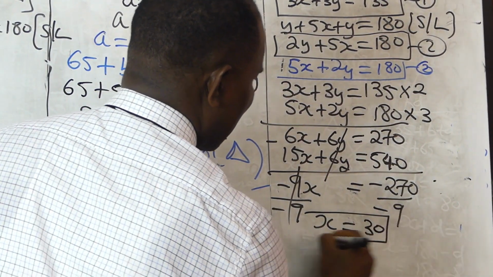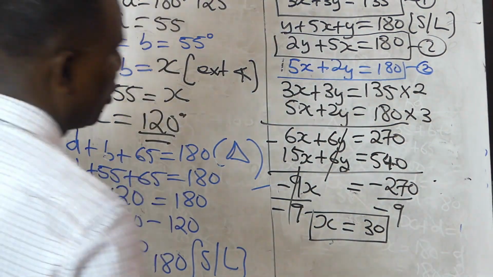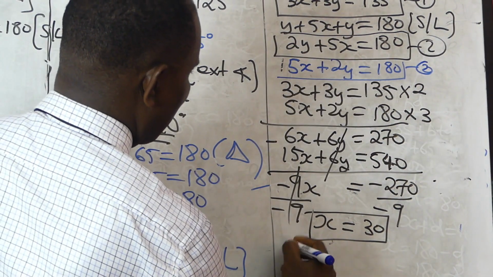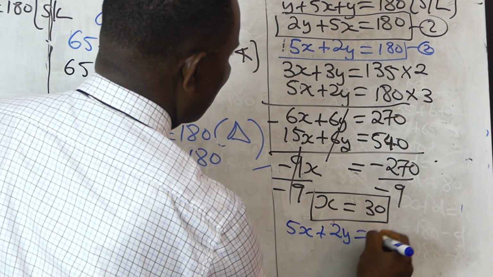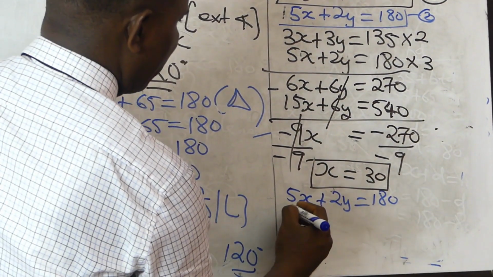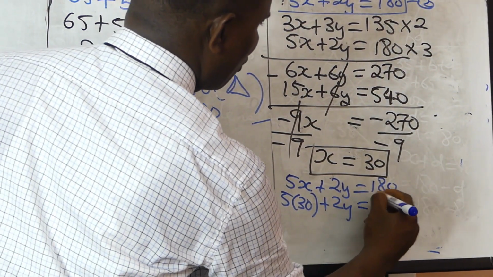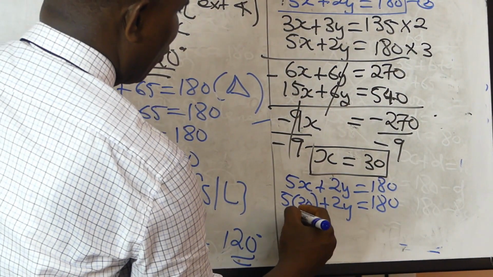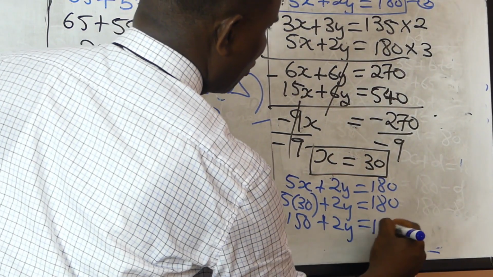Since x has come out, I can now substitute this x in one of these equations to get y. So let me use the upper equation. This is 5x plus 2y is equal to 180. So it's 5 into 30, then 2y is equal to 180. Now we have 150 plus 2y is equal to 180.